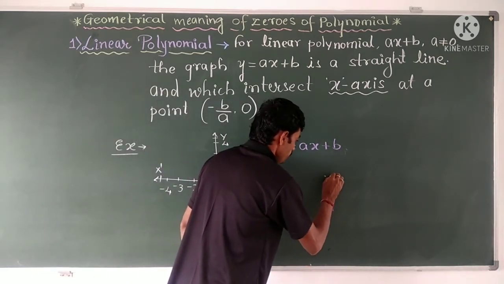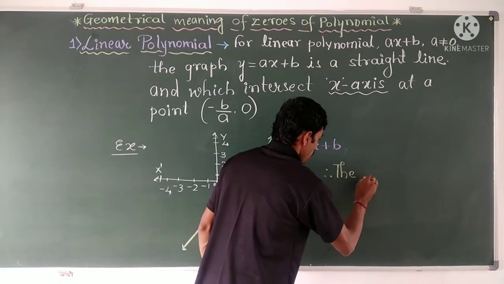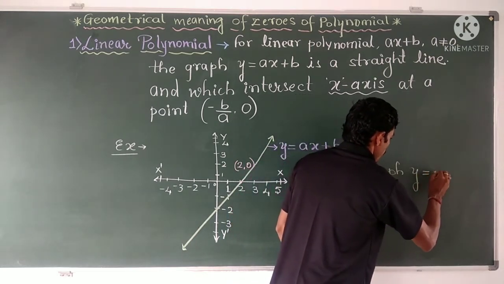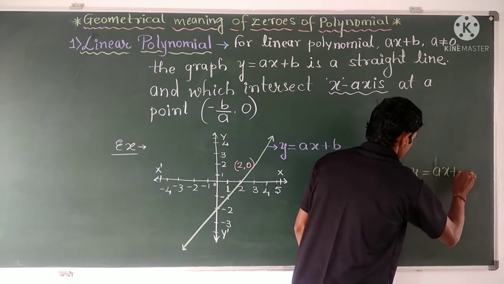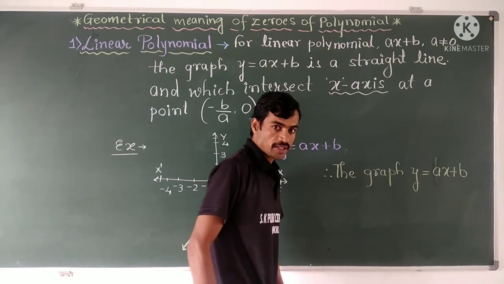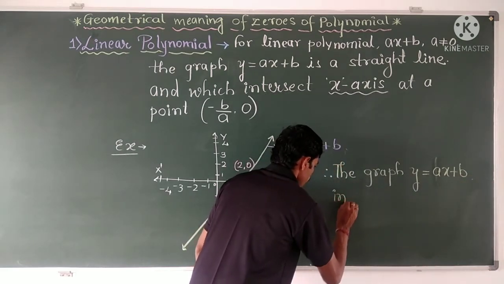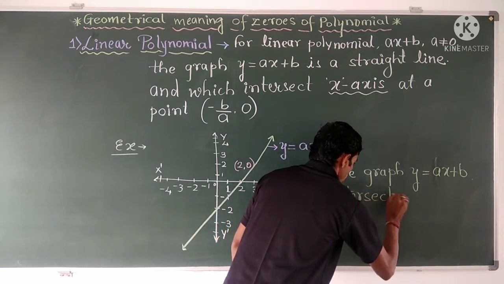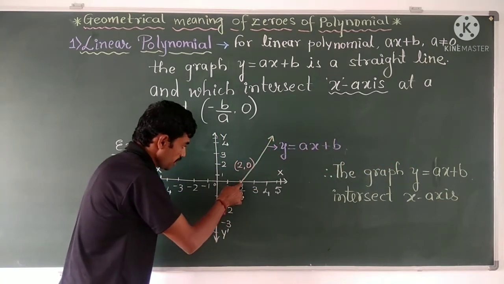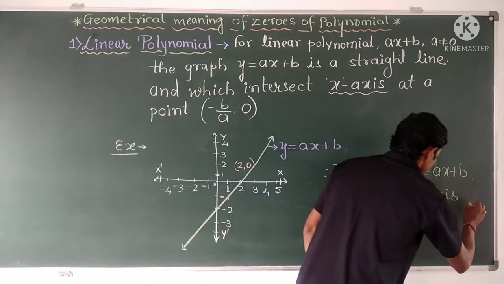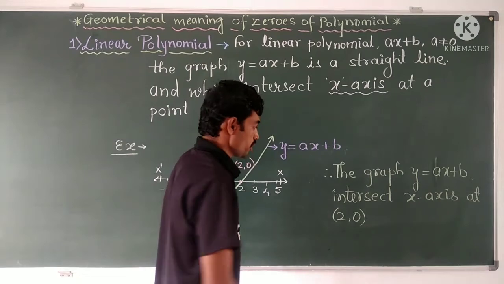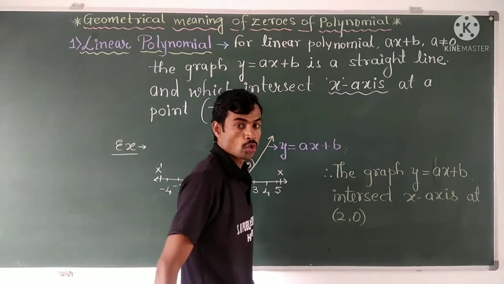Therefore, the graph y equals p of x, that is ax plus b, a linear polynomial, intersects the x-axis at the point 2, 0.